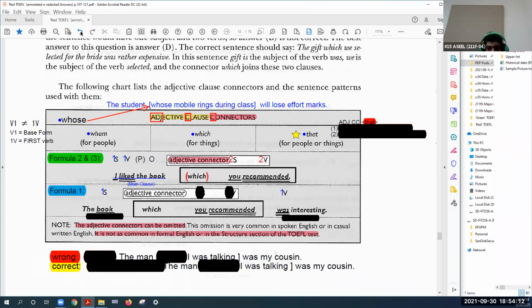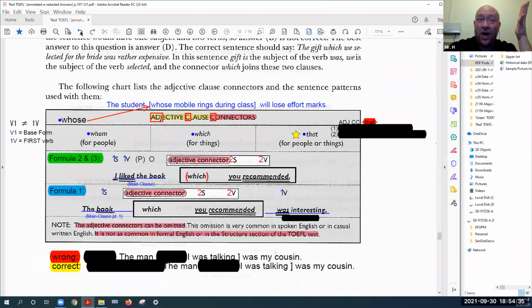Which is the connector. That's right. Then what? You, second subject. Good. And then recommended, second verb. Bingo, you got it. And where is the main clause, Khalid? The book was interesting. That's right.